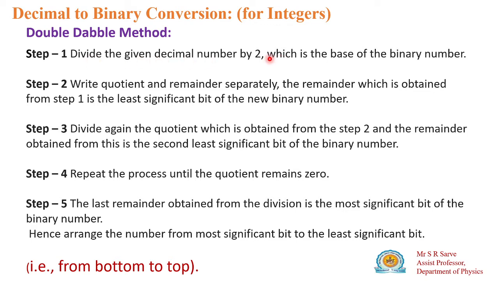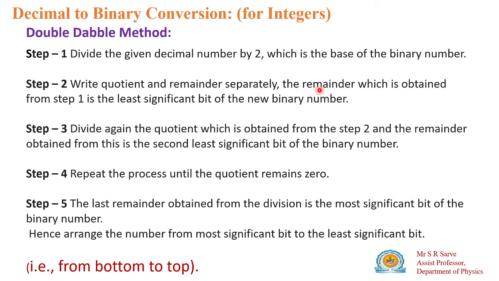Then what we have to do is write quotient and remainder separately. That means write the quotient at one place and the remainder at another place. क्या करना है अपने को? फर्स्ट जो भी डेसिमल नंबर रहेगा उसको 2 से डिवाइड करना है। डिवाइड करने के बाद क्वोशंट जो रहेगा उसको अलग लिखना है और जो भी रिमाइंडर है उसको अलग लिखना है। Write quotient and remainder separately.